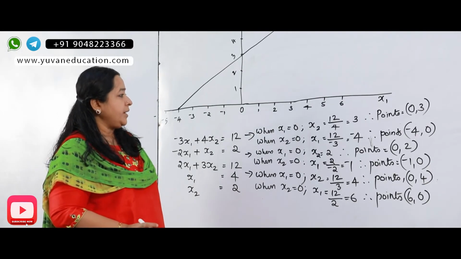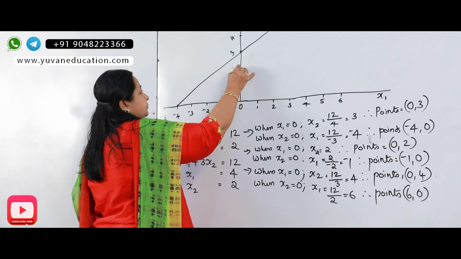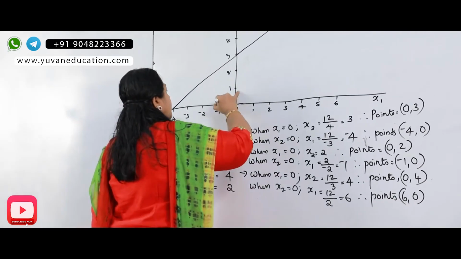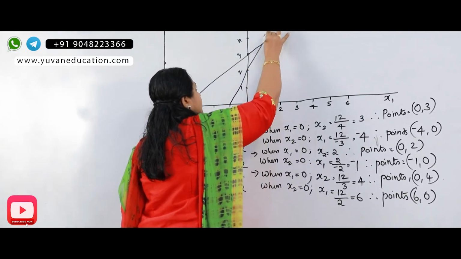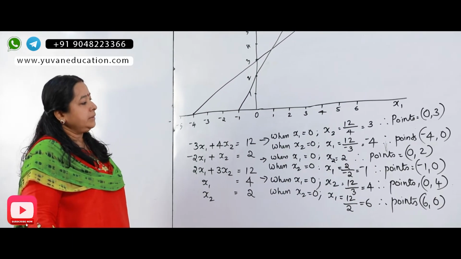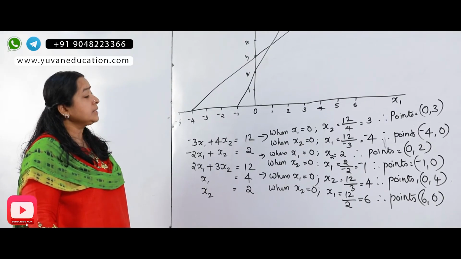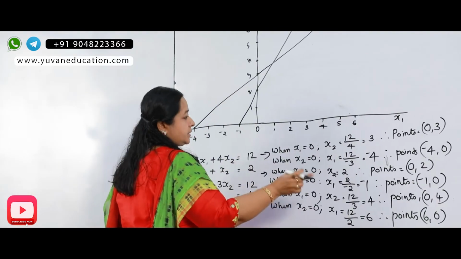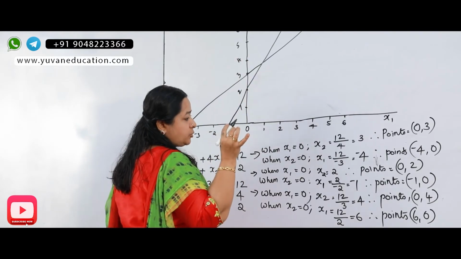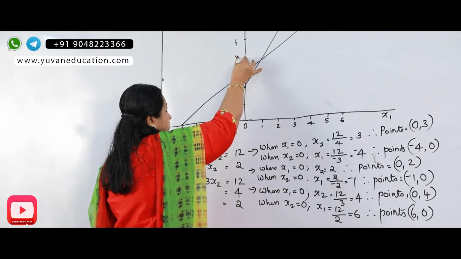Then next one is 0, 2. Okay. Then minus 1, 0. Here also you continue the line like this. Okay. Then it is 0, 4 and 6, 0. 4 in x2 axis and 6 in x1.